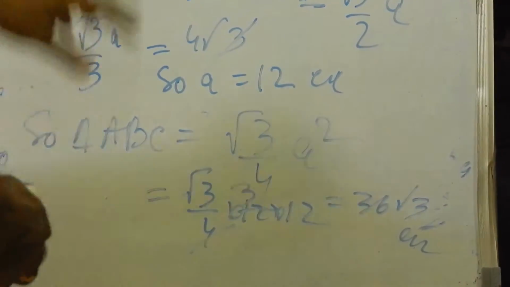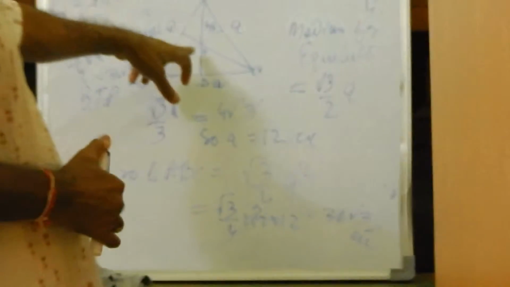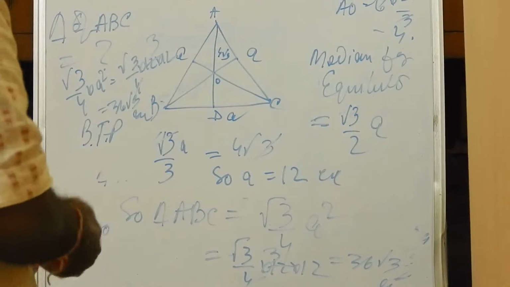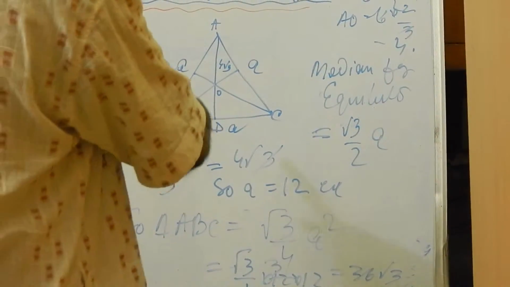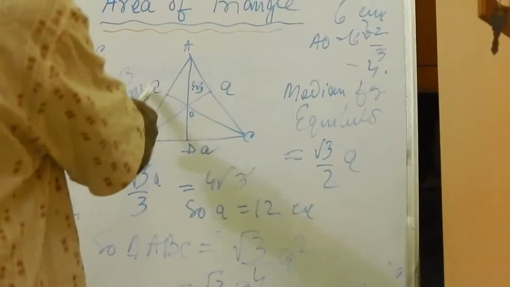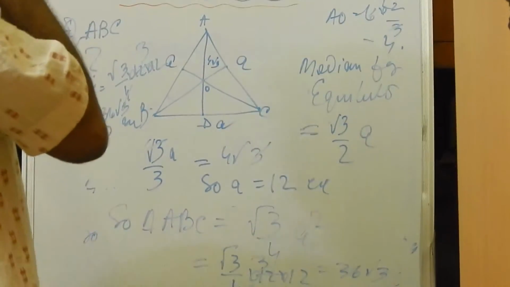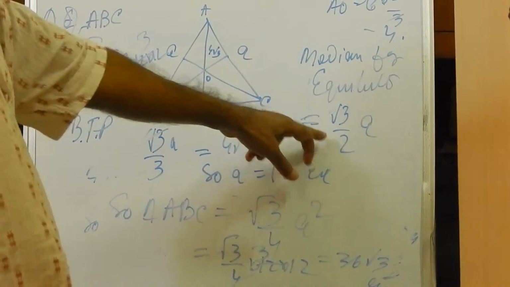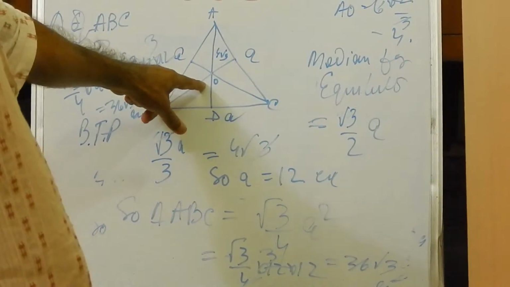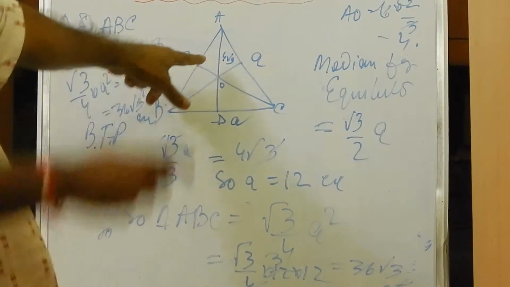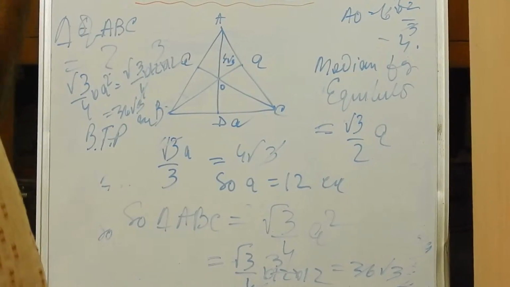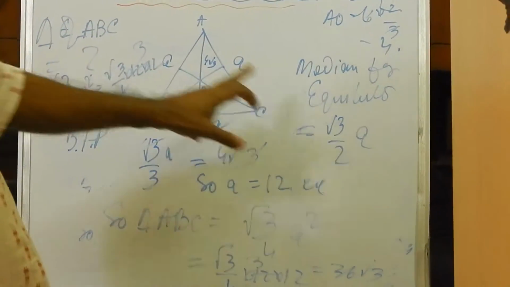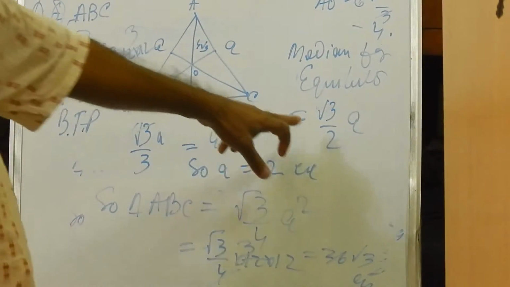So that's the sum. Here is the equilateral triangle, and the distance between the centroid and the vertex is 4 root 3 centimeter, and we are required to find the area of the equilateral triangle. For an equilateral triangle, the median is root 3 by 2A, and the distance between the center and the vertex is 2/3 of the median.